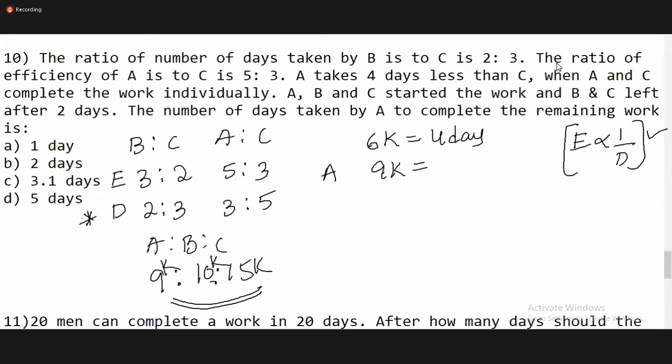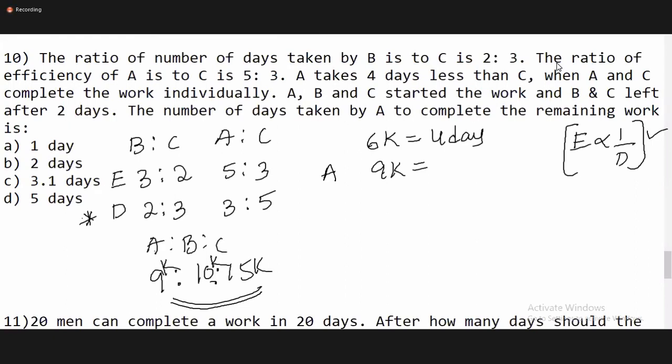Guys, did I write anything wrong? Is my ratio correct? Pujita, it's correct only. Everybody is saying it's correct. Did I make any mistake here, taking ratios ulta palta? No, right? Guys, please clarify this, otherwise at the end we will end up with the wrong answer. Pujita, please check it out.